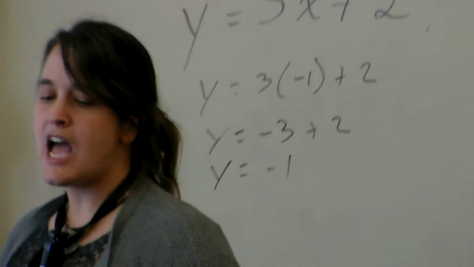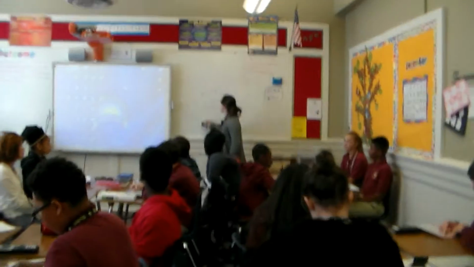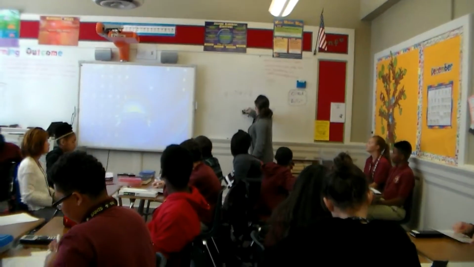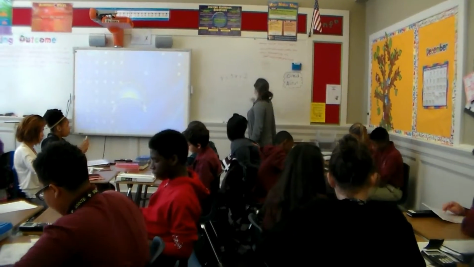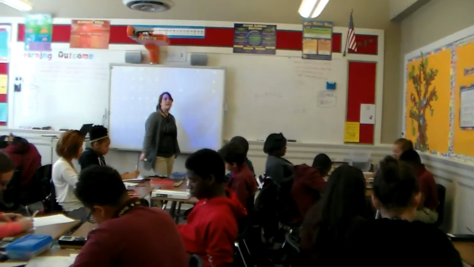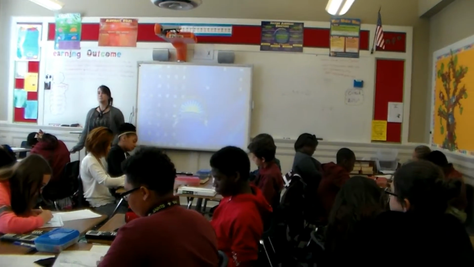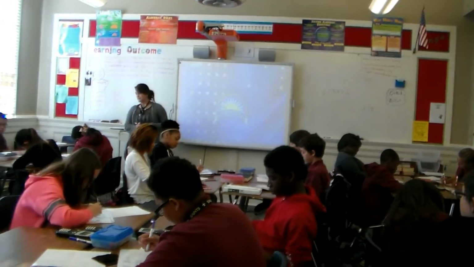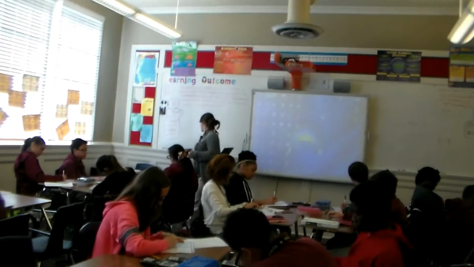All right, so this time, instead of substituting x, I'm going to tell you y equals 8. Do I change my method? No. I'm still substituting, but what letter am I substituting? Because this time it's y. When you're done, right side up.